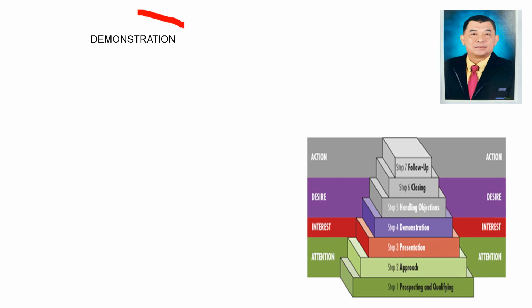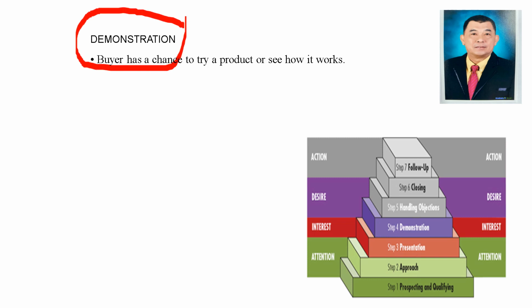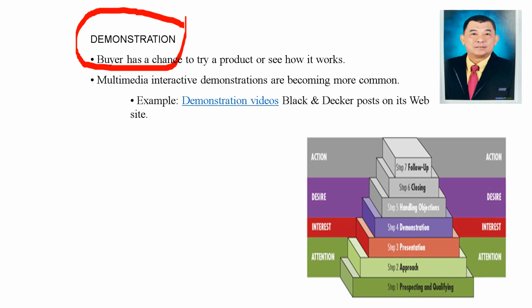Okay, what is the demonstration? In the demonstration, the buyer has a chance to try a product or see how it works. Multimedia interactive demonstrations are becoming more common, for example, demonstration videos like those Black & Decker posts on its website. So that is the actual demonstration, and the key to success is planning.